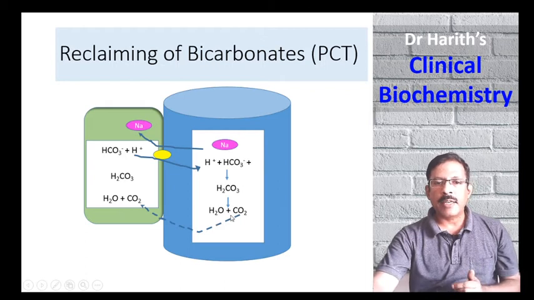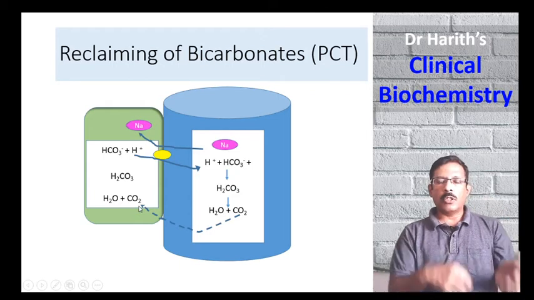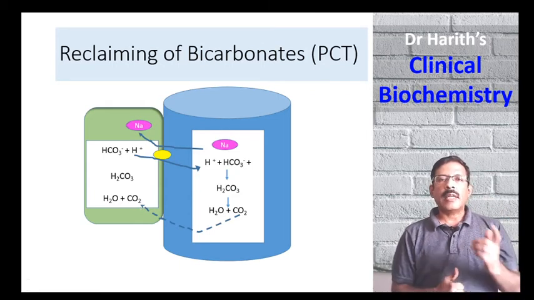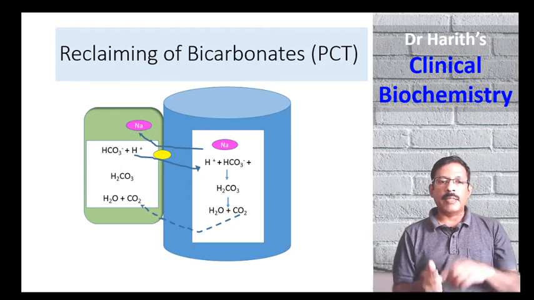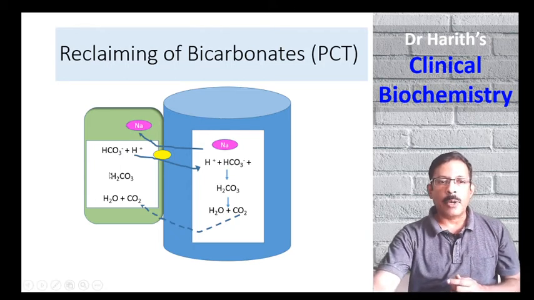Carbon dioxide, being a gas, can easily permeate and enter into the tubular cells, that is the cells of the proximal convoluted tubule. In the proximal convoluted tubule, there is the carbonic anhydrase enzyme. This carbonic anhydrase enzyme once again combines carbon dioxide with water to form carbonic acid. The carbonic acid dissociates into hydrogen ions and bicarbonate.